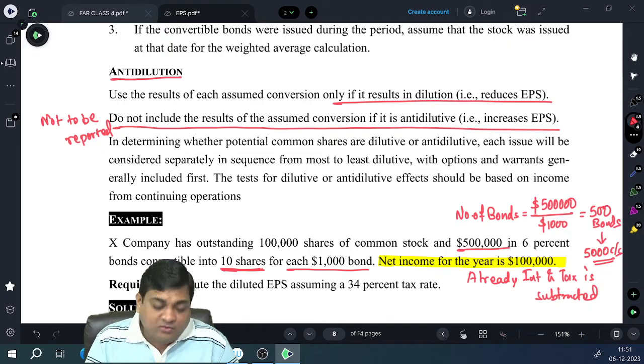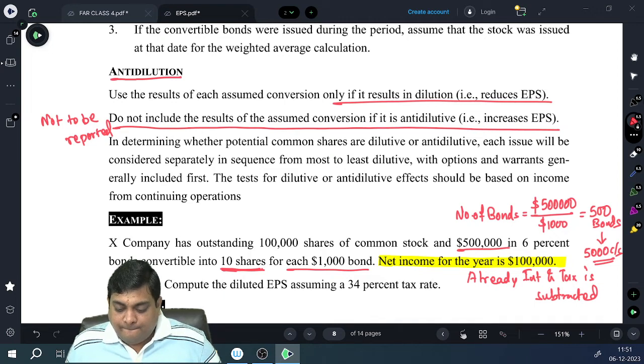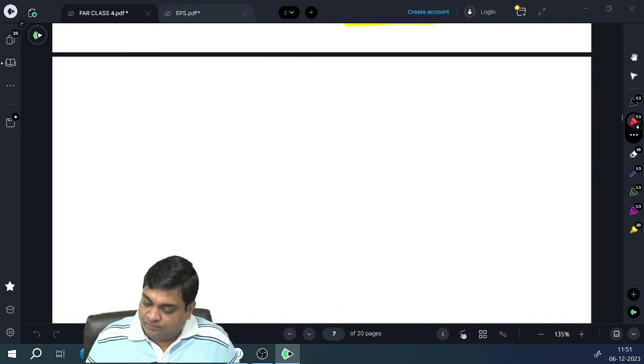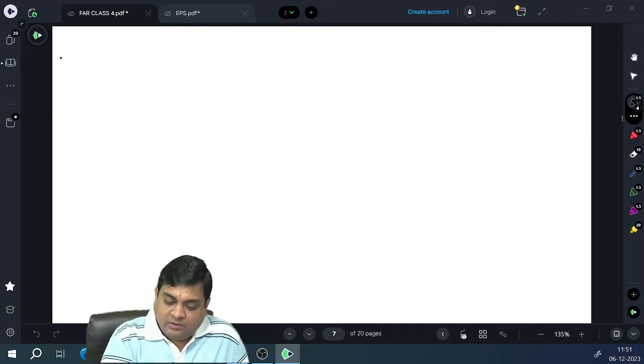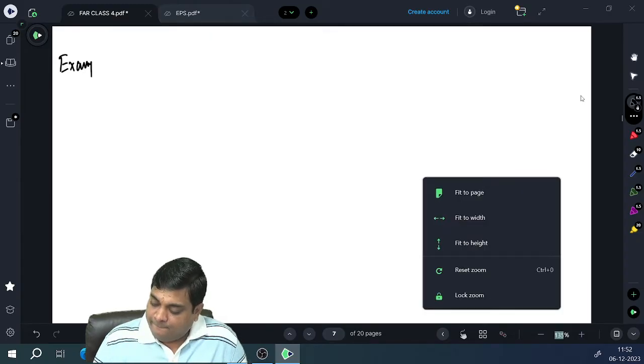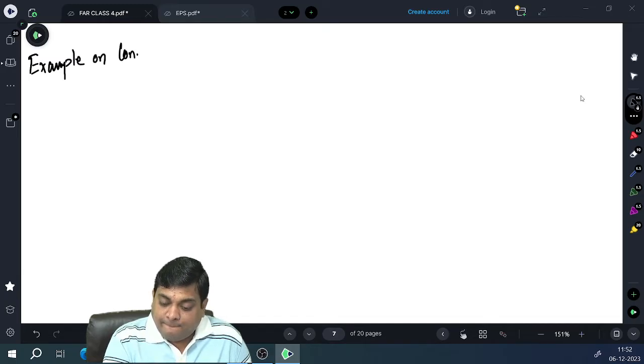If converted, it will be 5,000 common stock. Okay. So this is the convertible bond.